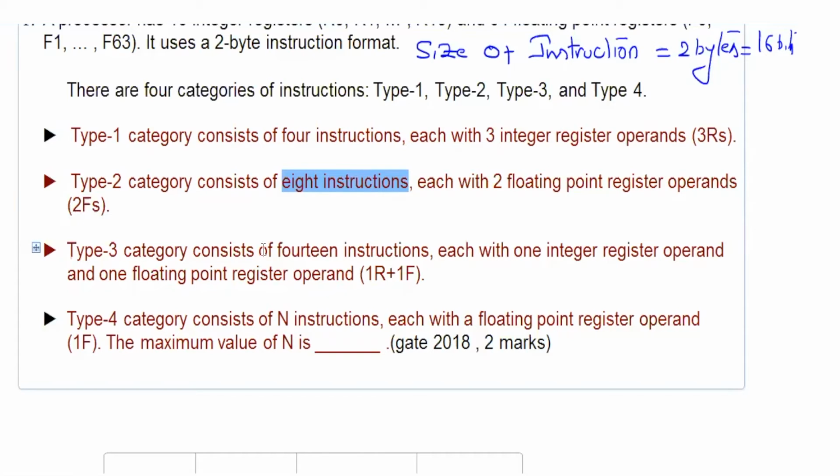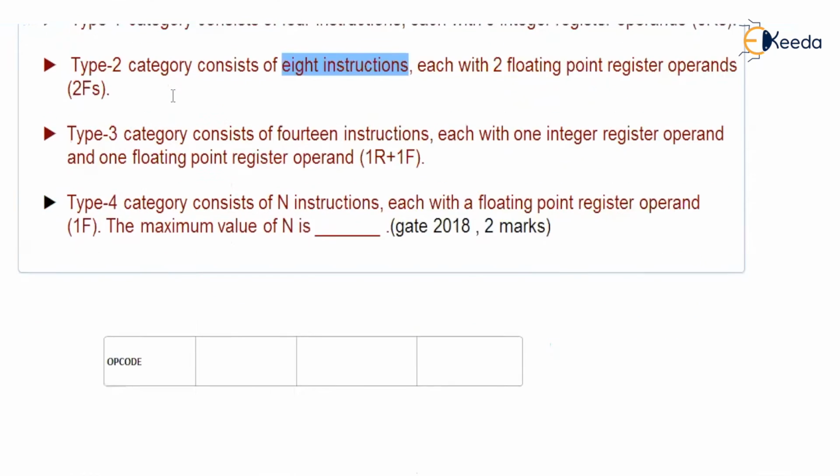Type 3: total 14, with 1 integer register and 1 floating point register operand in addition to the opcode. Type 4: we need to find the number of instructions, and each contains only 1 floating point register operand. Let us see how we need to solve this.